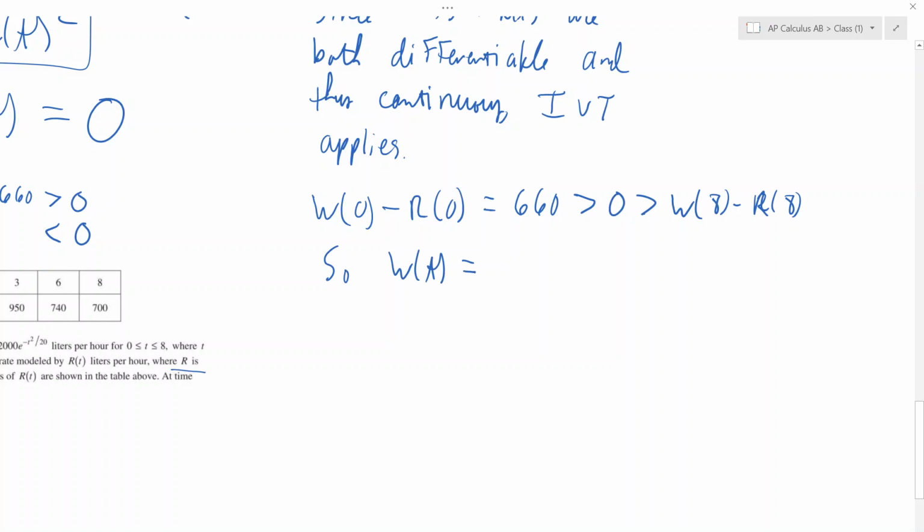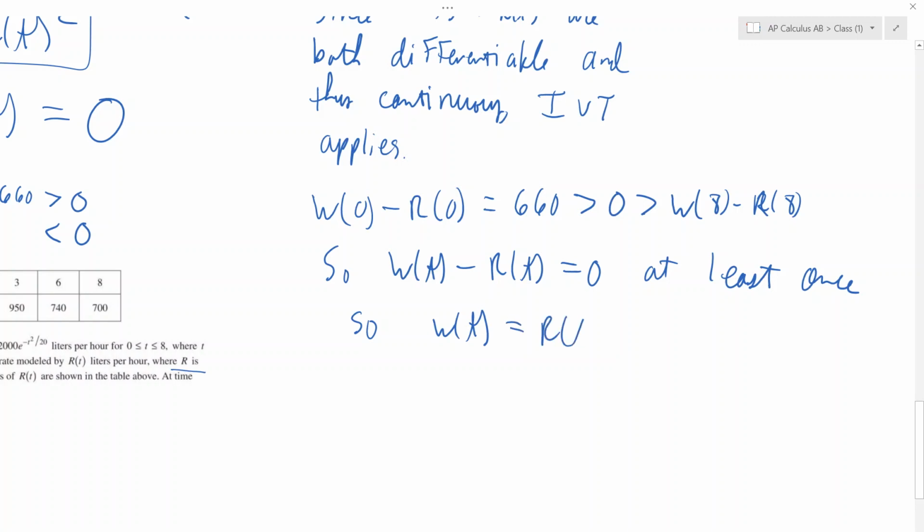So W of t must equal R of t. And I called it A prime. Well, actually, let's write what we have. W of t minus R of t equals 0 at least once. So W of t equals R of t at least once by the Intermediate Value Theorem.